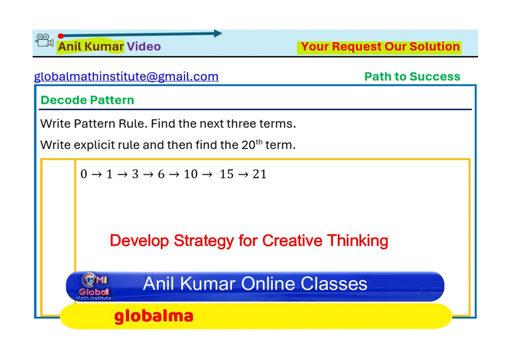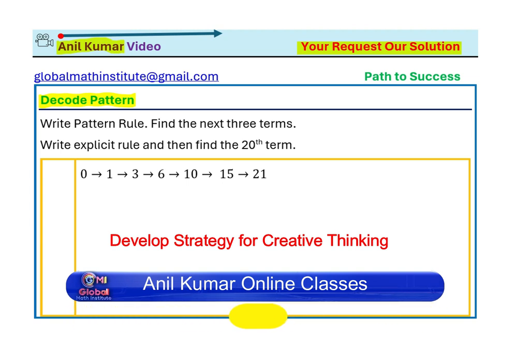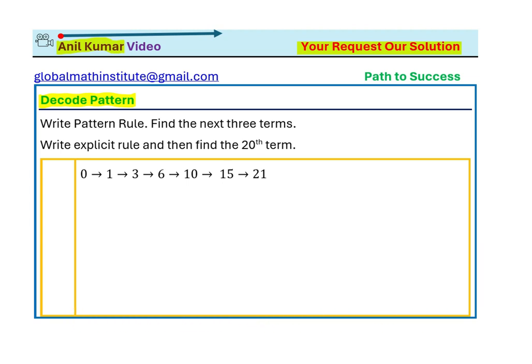In this video, we are going to decode a pattern. Write the pattern rule, find the next three terms, write the explicit rule, and then find the 20th term. Couple of things to do. First, we need to find the pattern rule. Then next three terms.